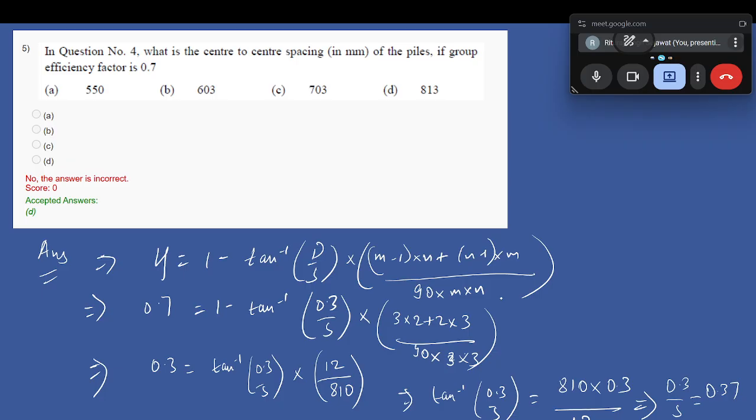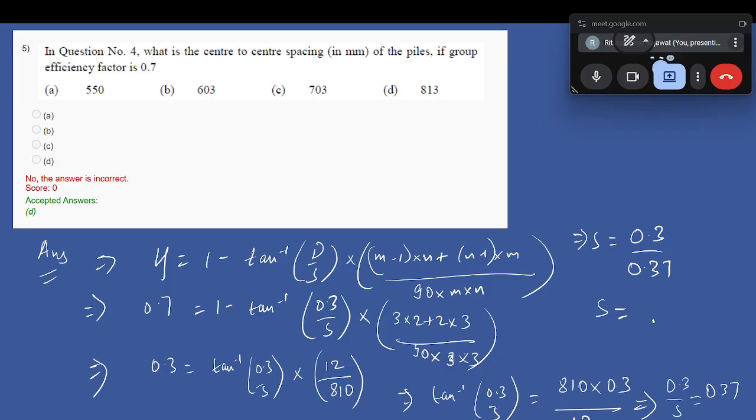So your S is none other than 0.3 divided by 0.37, which is your 0.81.